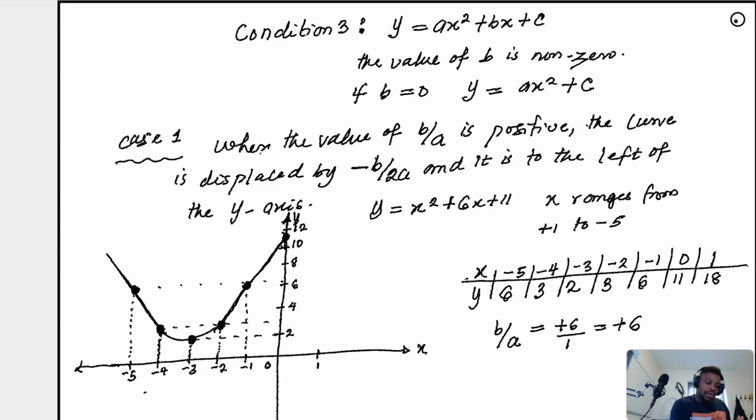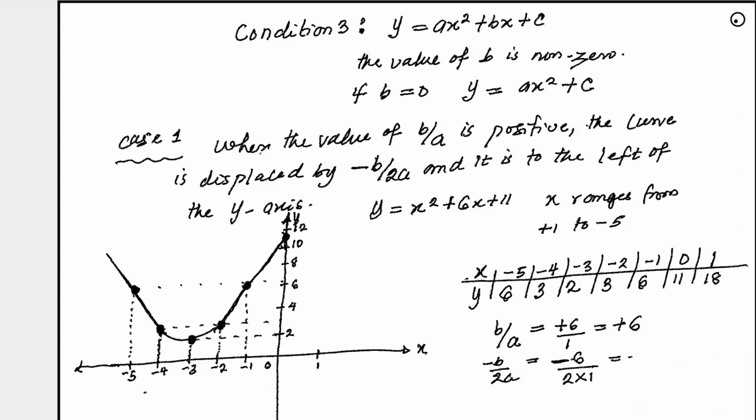But now, let me tell you why it's displaced by minus b over 2a. If you look at minus b over 2a, so minus, what is b? B is 6, over 2 times, what is a? 1. So this is minus 3. So it simply means that the curve will be symmetrical about x equals minus 3.